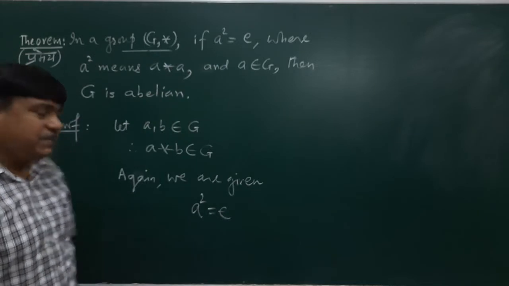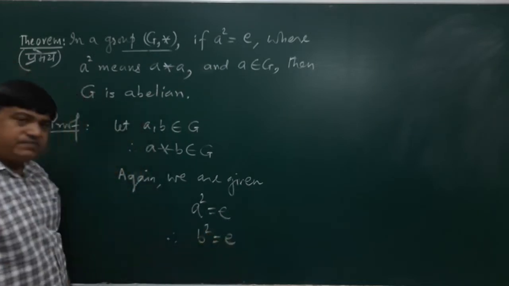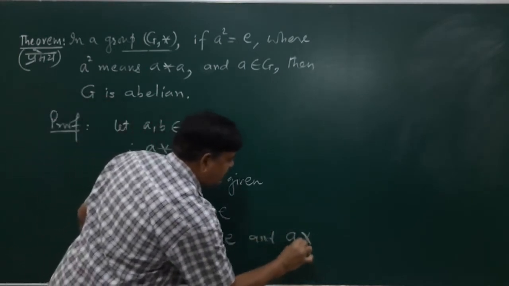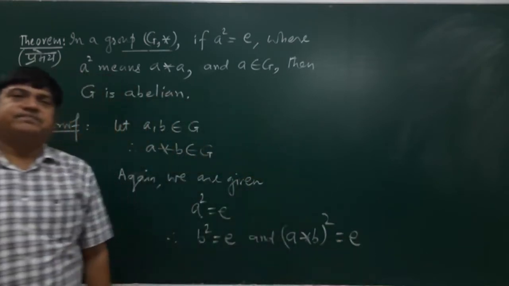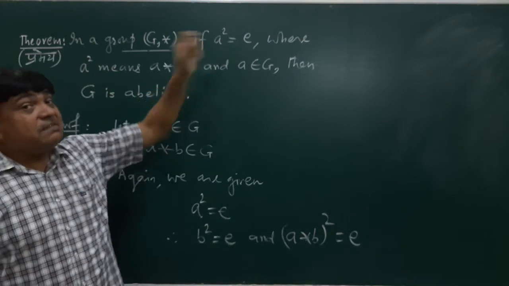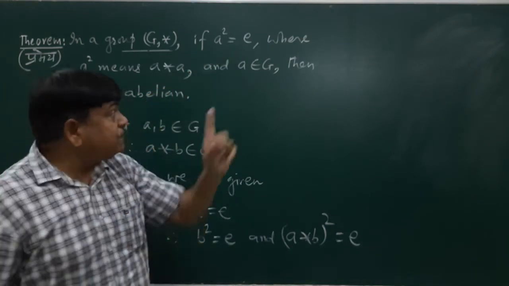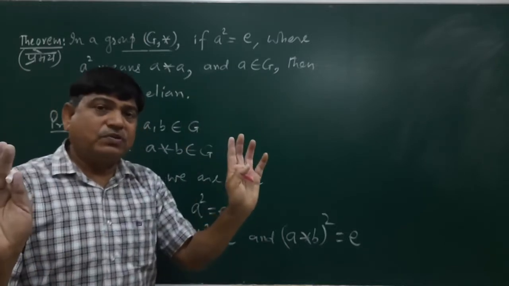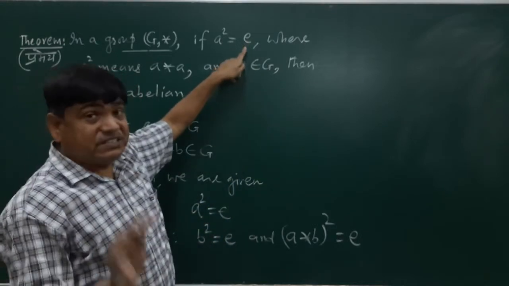Therefore, B square is also E, and A star B whole square is also E. A square equals E means that for any element of G, whatever it is, when we square it, the answer must be E. This is given to us.